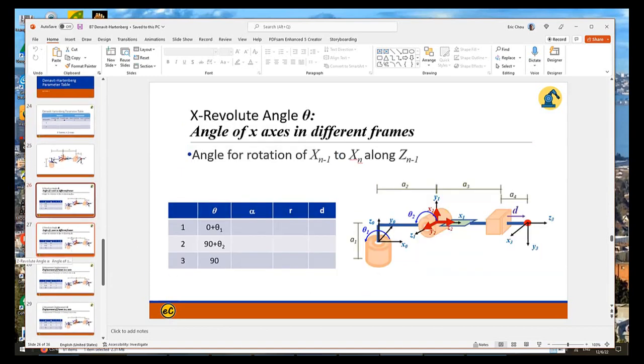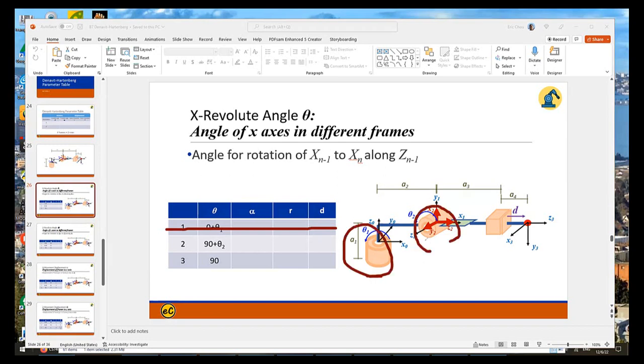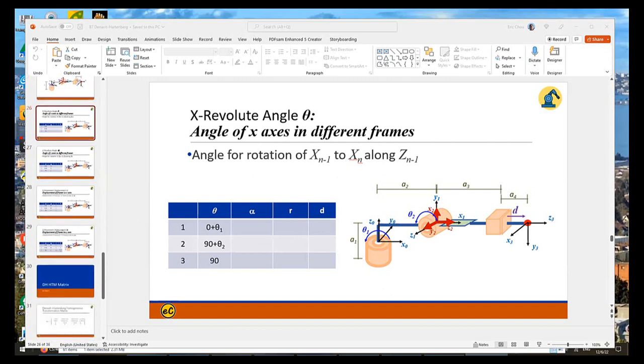And as for the generation of the table, your row number 1 should be generated by your joint, frame number 1 and frame number 2. You use the difference between the frames to generate the 4 parameters. Then frame 1 to frame 2 will generate the second row.